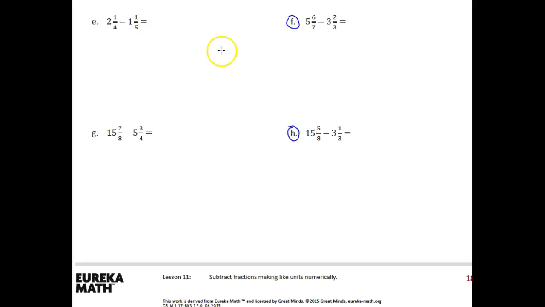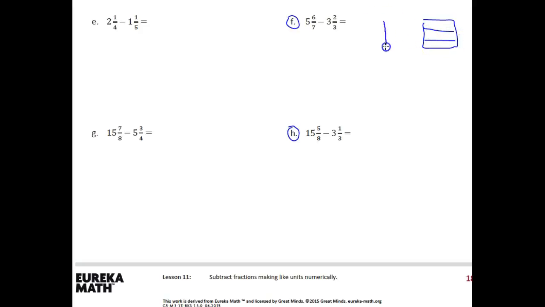So taking a look at this the way we have been, we can start by thinking about, well, this is 7 pieces makes a whole. This is 3 pieces makes a whole, so these pieces are going to be bigger because it's only broken into 3 parts.